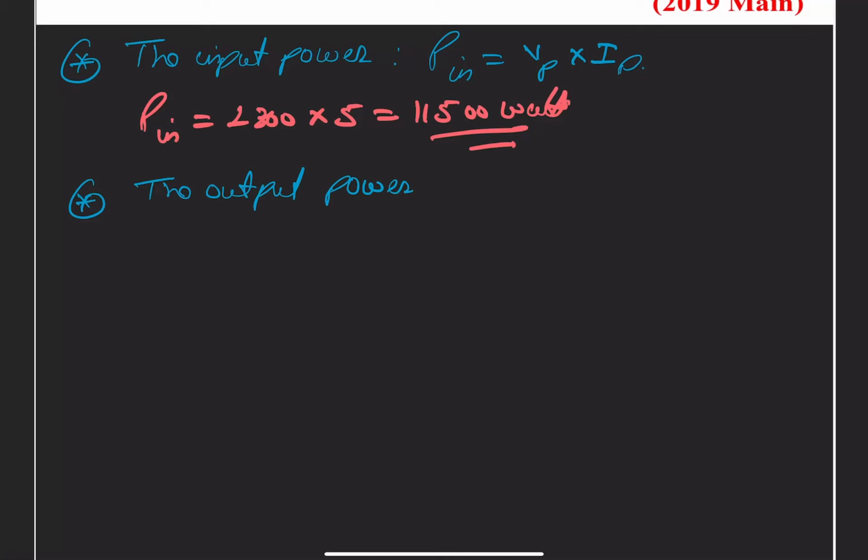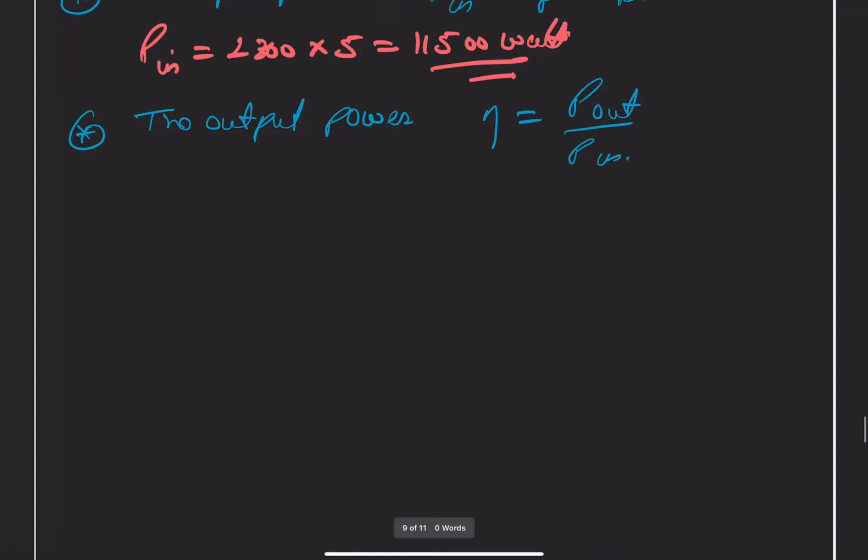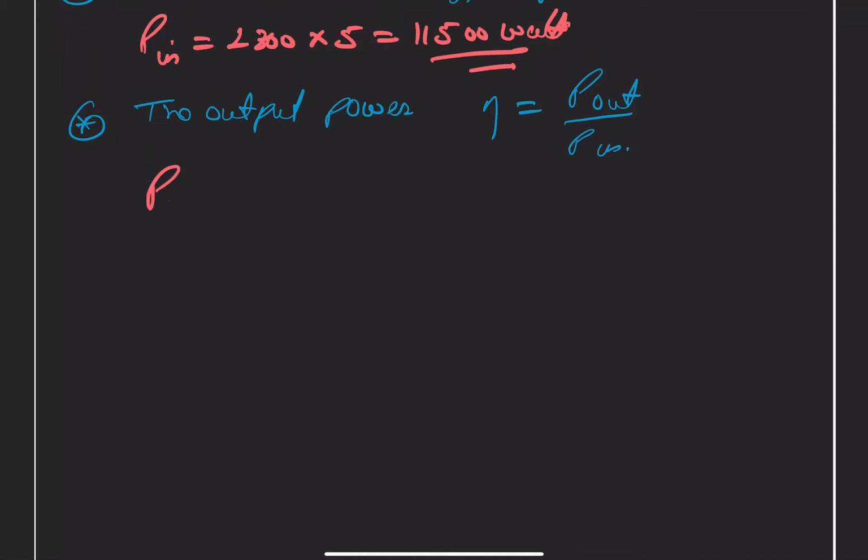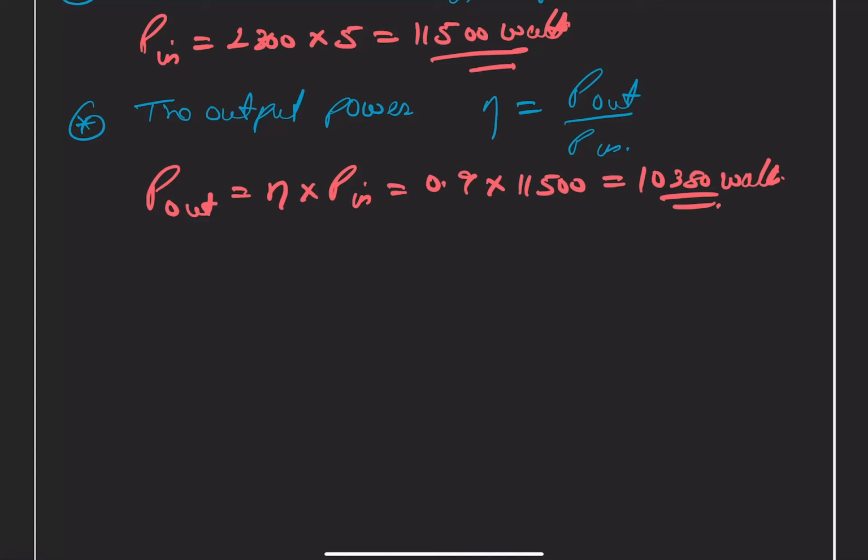Efficiency is equal to P out upon P in. So P out is equal to efficiency multiplied by P input. Efficiency is given as 90%, that is 0.9, multiplied by 11,500, and this comes close to 10350 watts. So this is our output power.